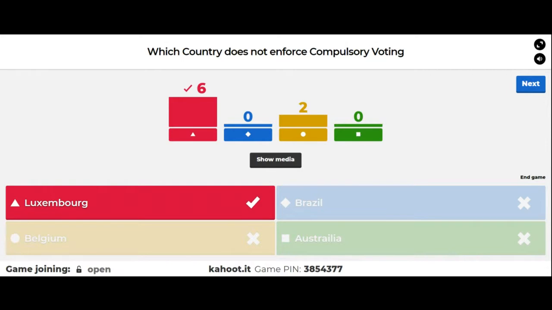It hasn't been enforced since, I believe, the 1960s or something like that. There are also other countries who don't enforce it at all through a different means. I forgot to bring this up during the lecture too. Some countries simply have it written into law that all citizens will participate, but there is no established penalty for not doing it. So that's another way that you could argue that the United States could implement compulsory voting, but you could technically argue that there should just be no penalty if people don't do it.